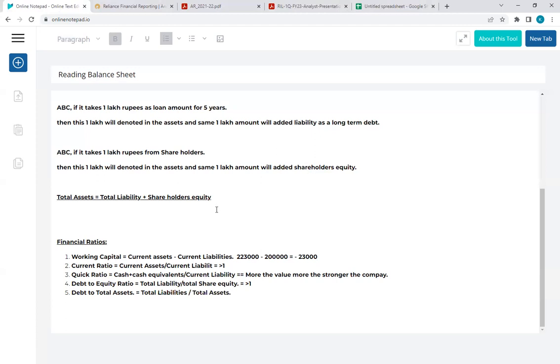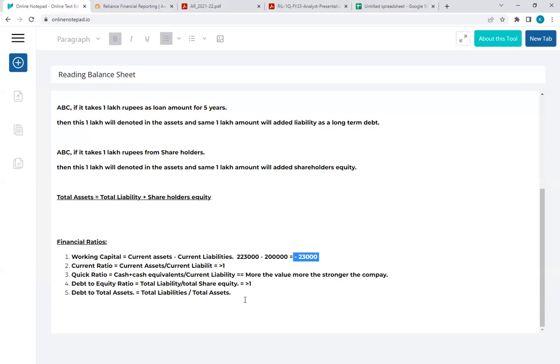So after calculating these values at a higher level, we'll come to know the state of the company, how it is performing, what the level of current liabilities is, and the capability of the company to pay the liability.